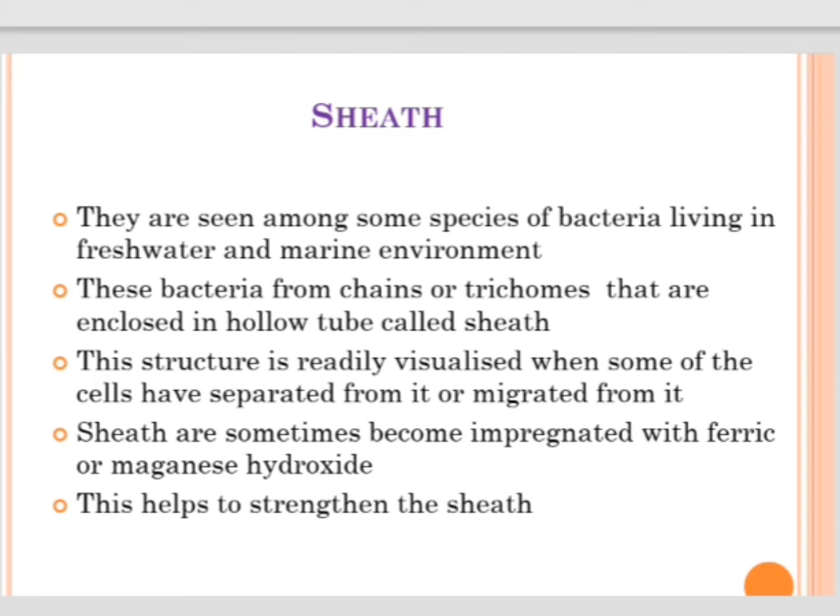So a sheath is a hollow tube which forms an outer covering around a chain of bacterial cells living mainly in aqueous environments, and it can be visualized when some of the cells inside the chain get separated from one another, and it can be strengthened by means of ferric and manganese hydroxide.